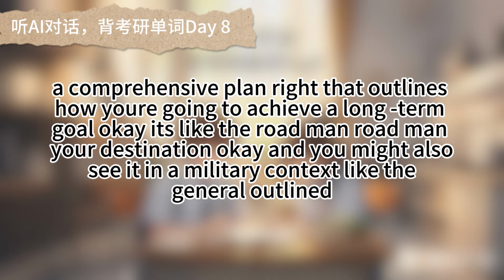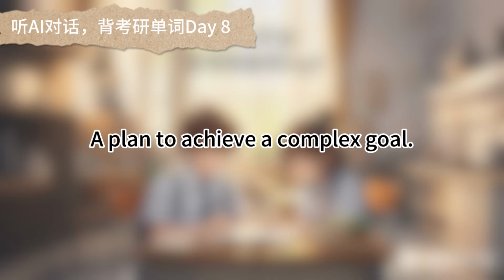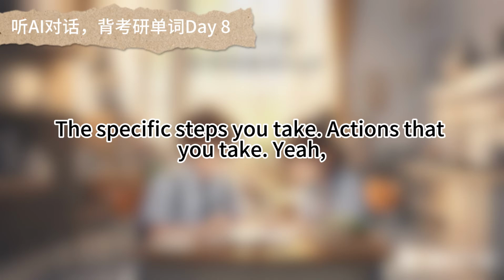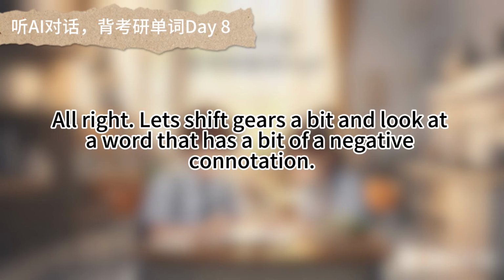Like, the general outlined his battle strategy. So it can be applied to many different areas. Any situation where you need a plan to achieve a complex goal. So strategy is that overarching plan, and tactics are the specific steps, actions that you take within that plan to achieve that. Exactly.